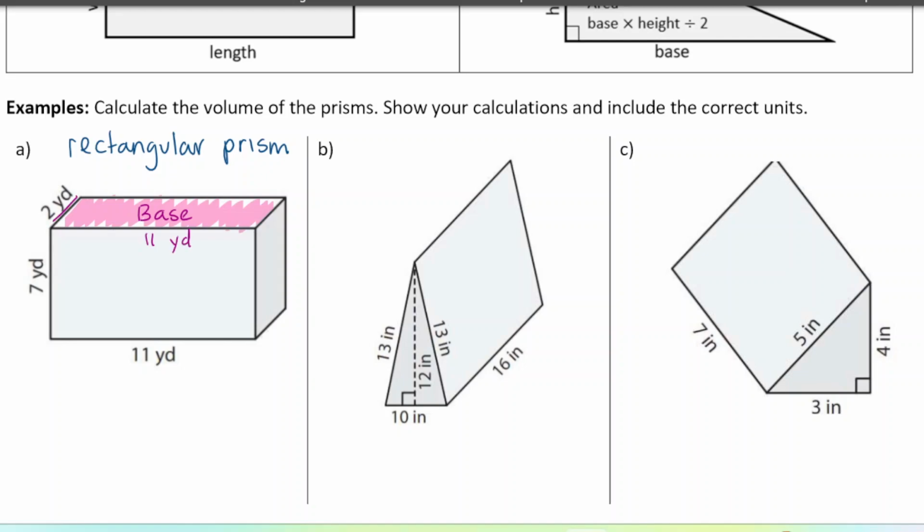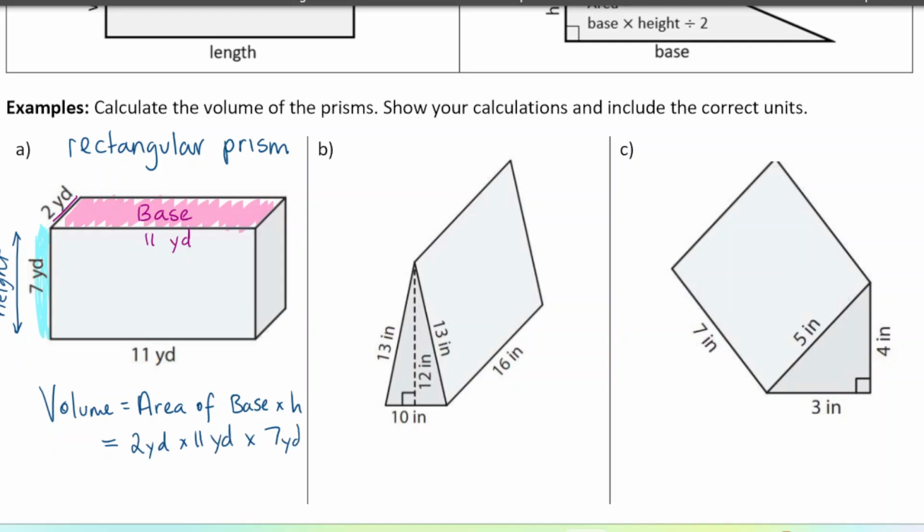And then the height of my prism is going to be 7. This is going to be the height. So when I do my volume, it's going to be area of base times height. So it'll be 2 yards times 11 yards times 7 yards.